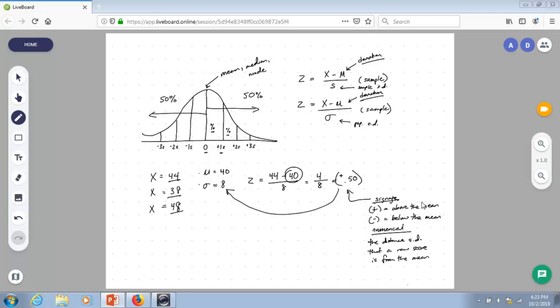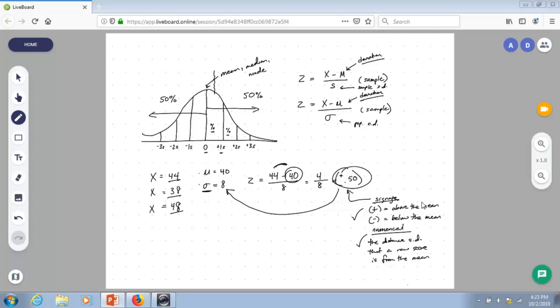Now, we can take this z of positive 0.50, apply it to this normal curve to get a visual representation of what we've just interpreted utilizing information in regard to signage and numerical interpretation.